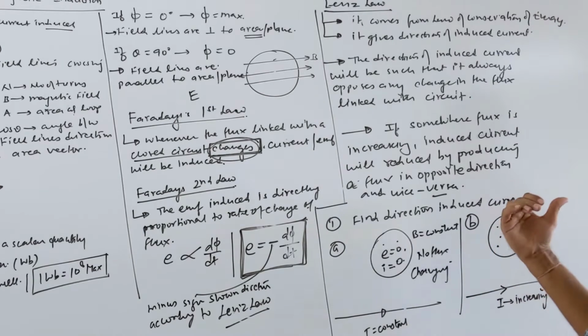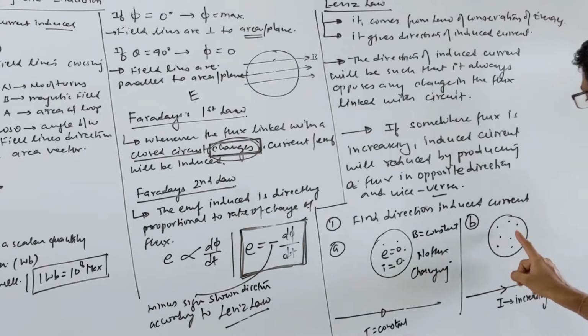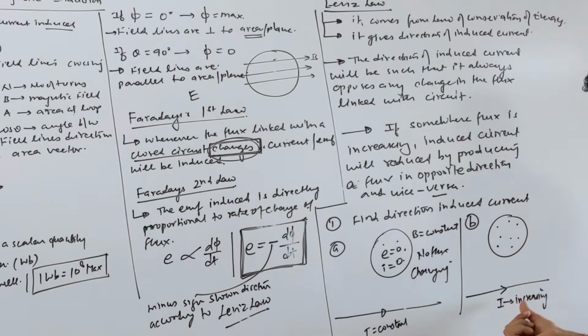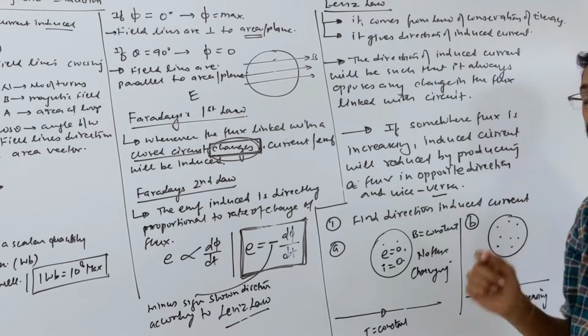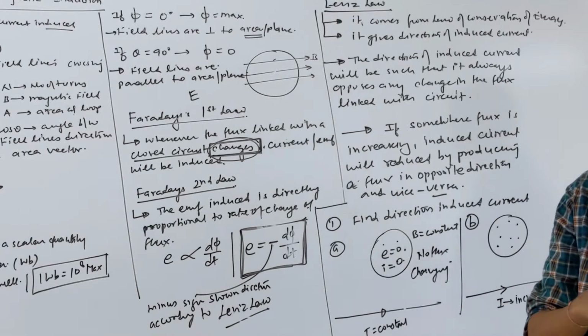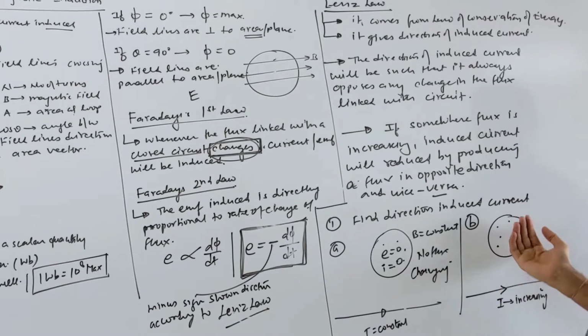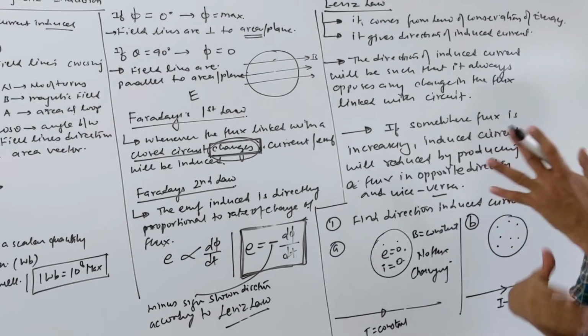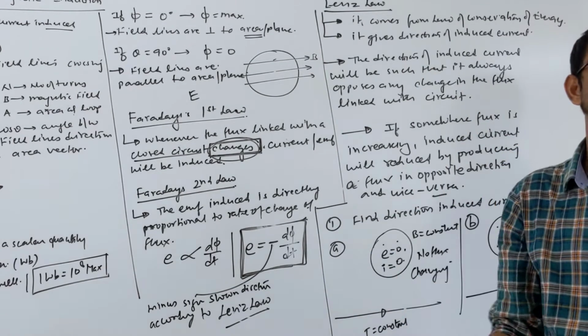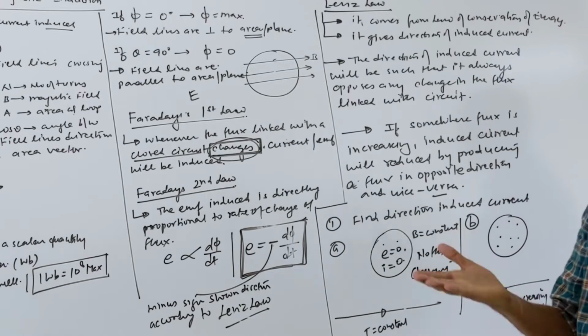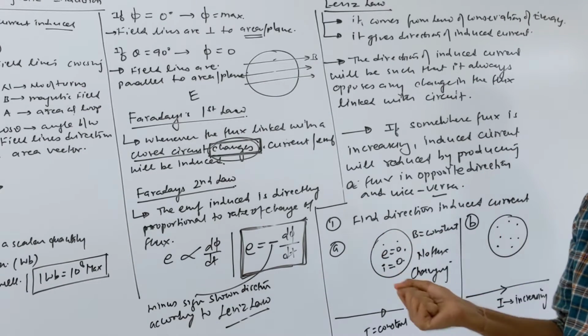Again you grab it in your hand, fingers are coming outward, so the field in this loop is increasing. Current increasing, so obviously the field increases and the flux increases. So now flux is increasing outward, correct? Now watch carefully, flux is increasing outward, so the induced current will produce a flux in the opposite direction.